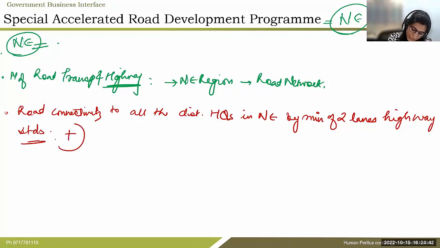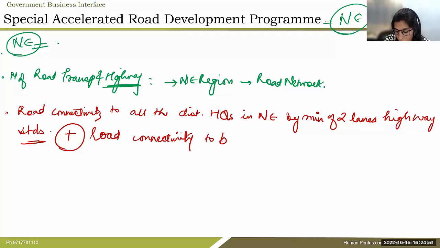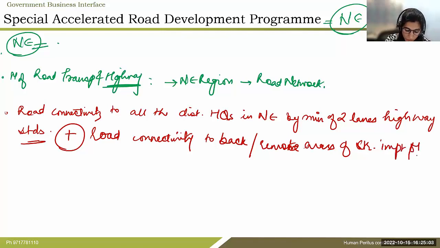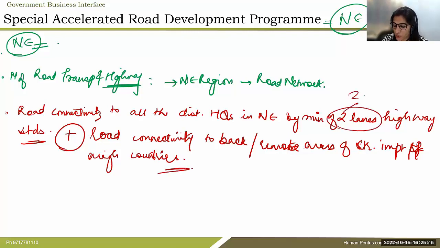Also, it provides road connectivity to the backward and remote areas which are of strategic importance, which are lying near to the neighboring countries. So basically minimum 2 lanes, and it was for 2 to 4 lanes.